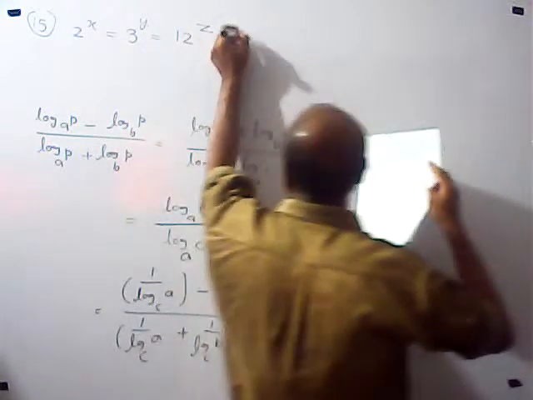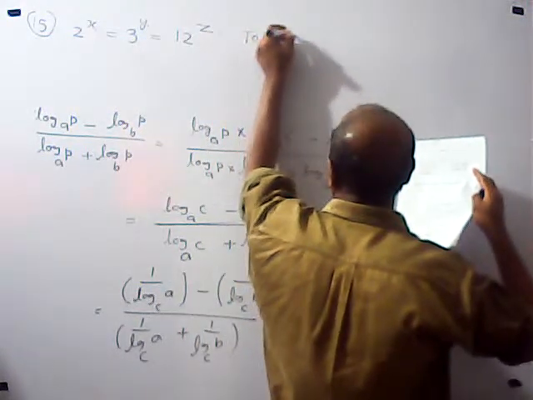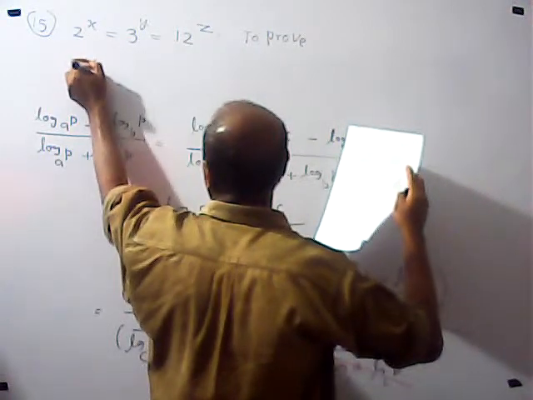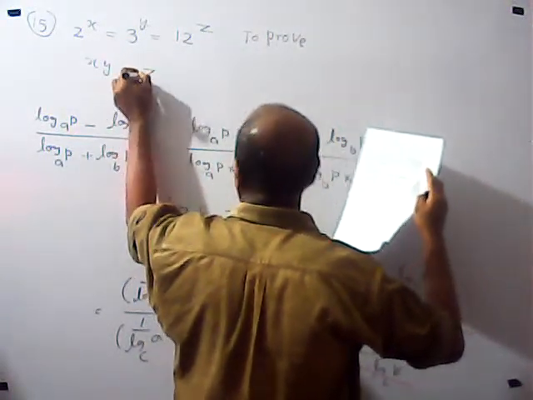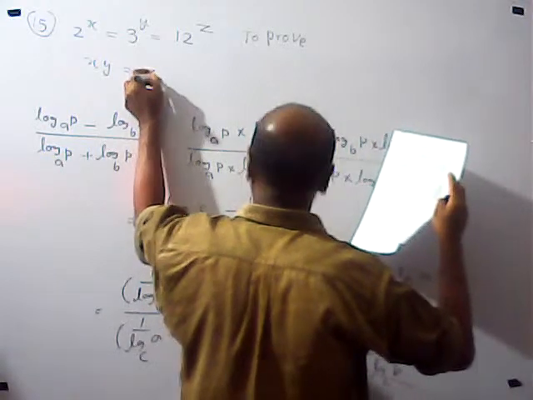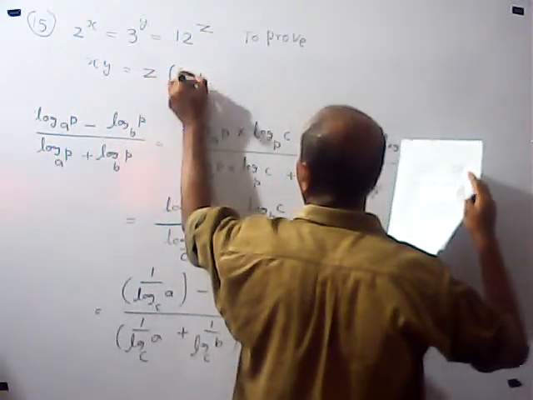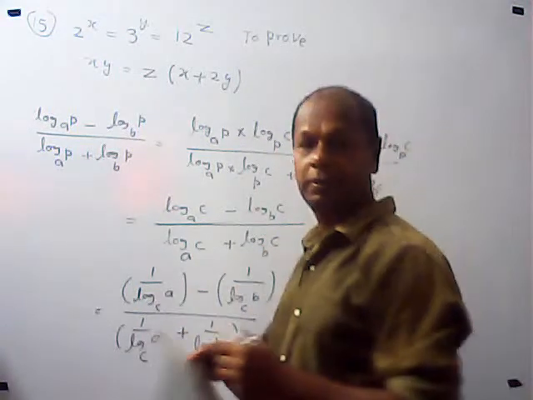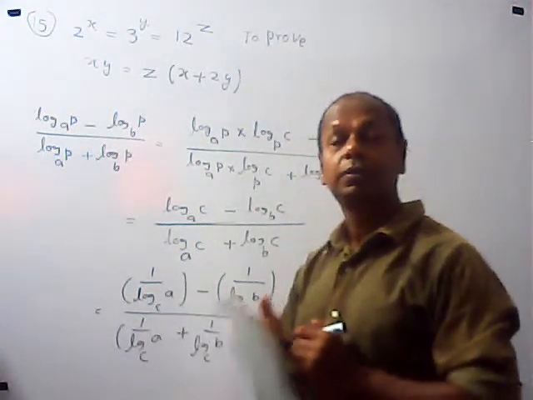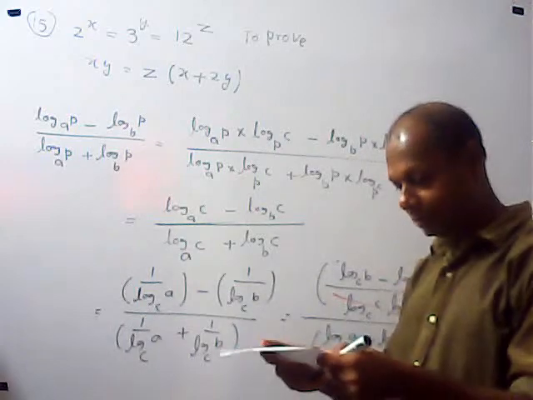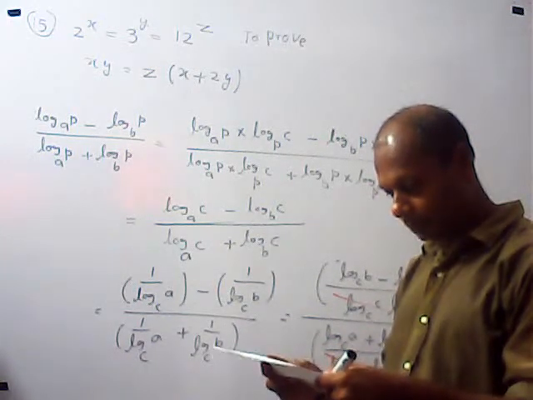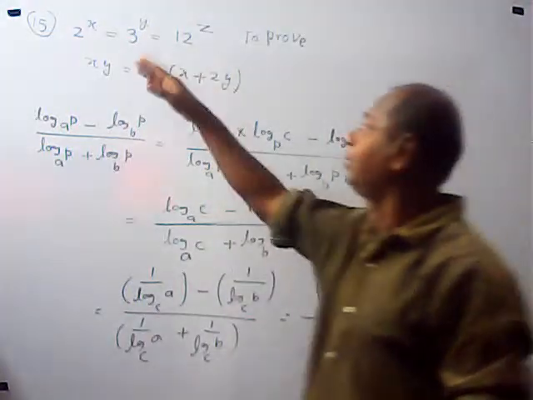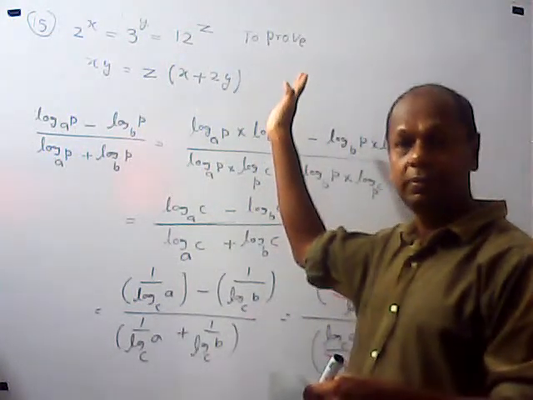To prove that xy equals z times x plus 2y. So that's the task. You have seen a similar situation in question number 8. Question number 8 also had this equals that equals another one.